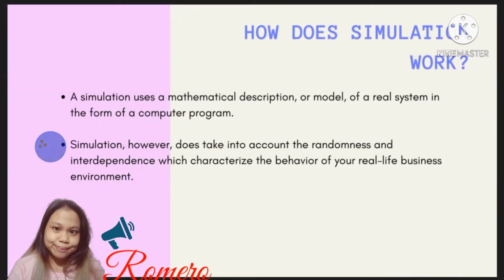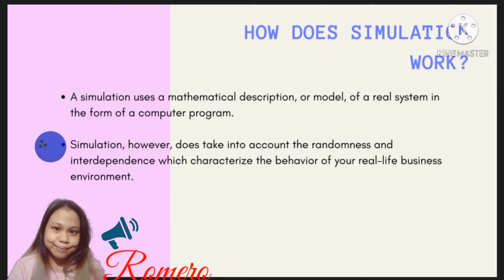Simulation, however, does take into account the randomness and interdependence which characterize the behavior of your real-life business environment. Using simulation, you can include randomness by properly identifying probability distributions taken directly from the study data.